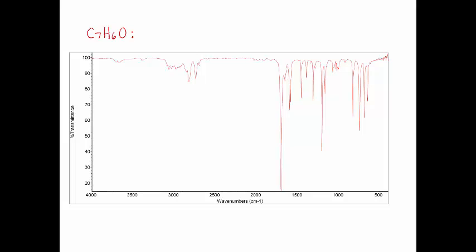So if we want units of unsaturation, we ignore oxygen. So if saturated, this molecule would follow the rule CnH2n plus 2. Or with 7 carbons, C7H16.